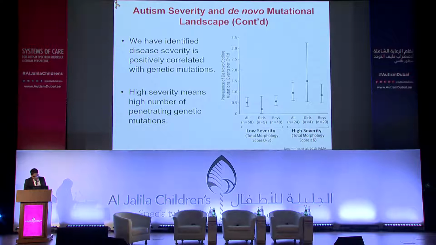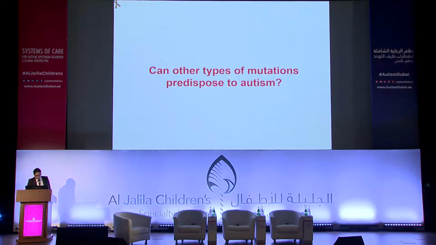This has been published in JAMA. Then the other question is, from this typical type of mutation, can we guess something very new in terms of mutation and the predisposition of those mutations to autism?